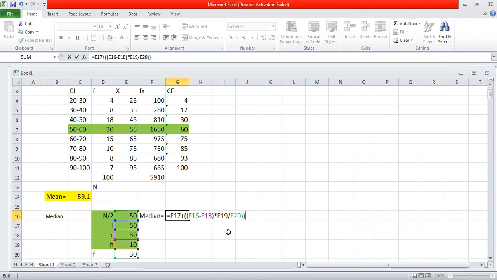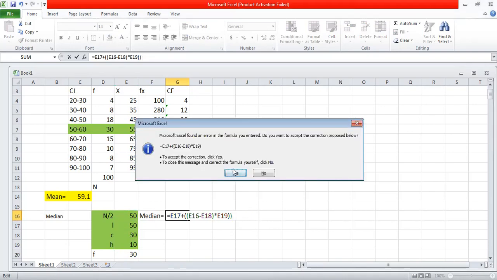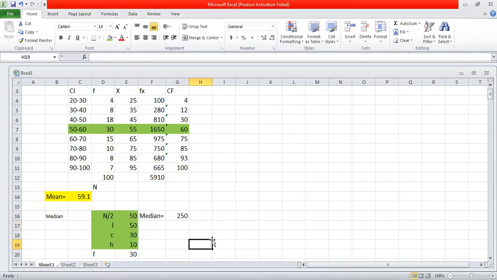Check the brackets properly. Here close the numerator bracket, and here close this bracket. Sorry, there was some mistake in the formula. I didn't close the brackets properly.